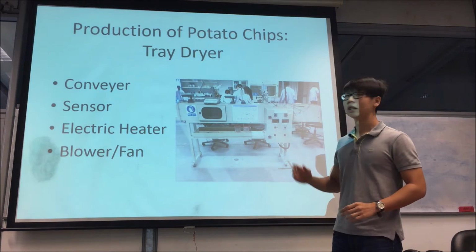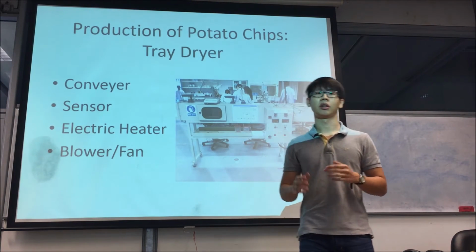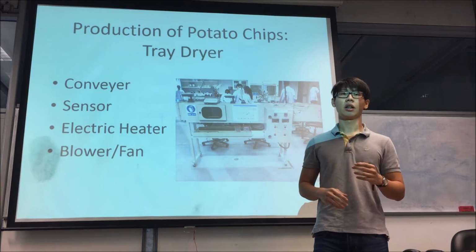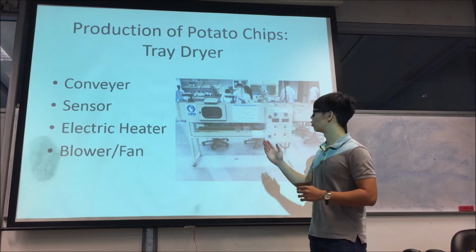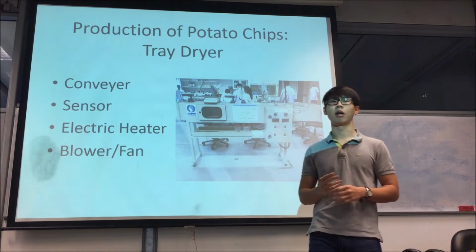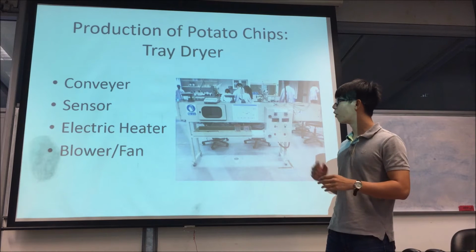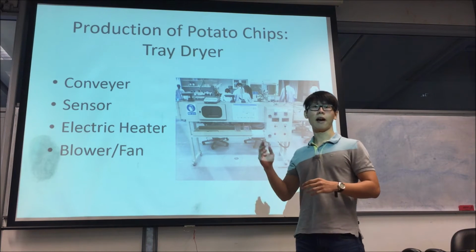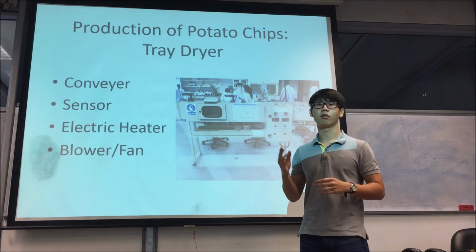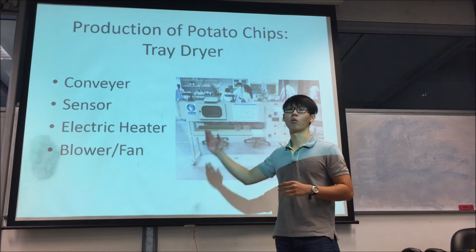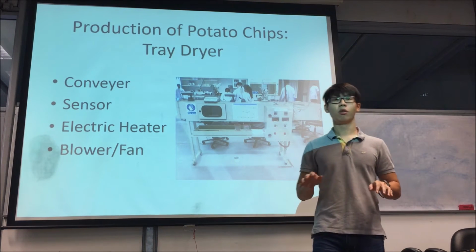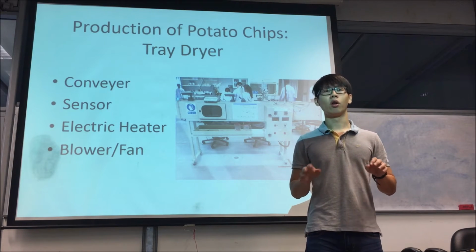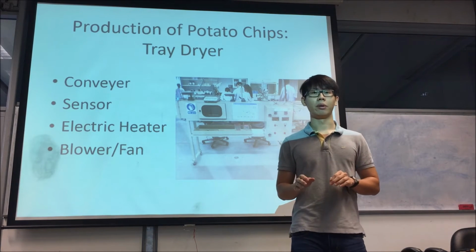Next is the tray dryer in potato chip production. It is similar to the tray dryer that we used in the experiment. However, before entering the tray dryer, the wet slices of potatoes go through a conveyor, which removes some water through vibration.